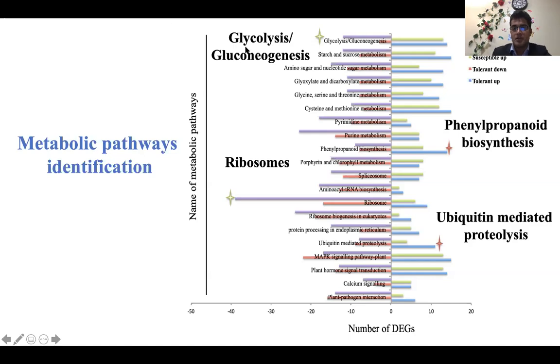So this was also a key pathway. On the other hand, phenylpropanoid biosynthesis and ubiquitin-mediated proteolysis show very significant upregulation in tolerant genotype as compared to susceptible genotype. So we think that these pathways also hold the key for stress tolerance and susceptibility during salinity stress.